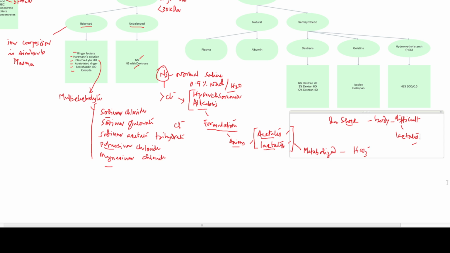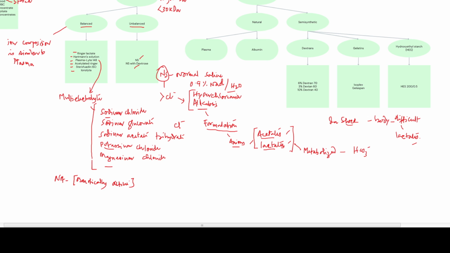So these crystalloid solutions have got a small problem. They are not very osmotically active compared to colloids.